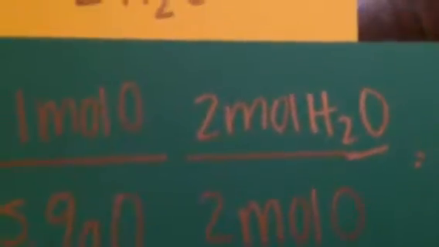And then we have 2 moles of H2O, which we found in our balanced equation. Multiply the top out, multiply the bottom out, divide, then you have 6.28.